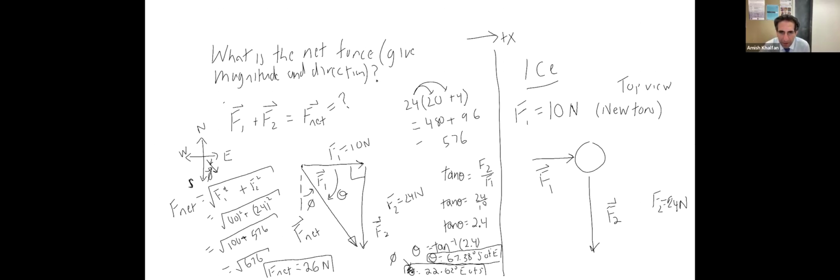All right, so that means that the same object can be viewed as having just a single force acting on it. You draw it over here, where that force is acting like this, okay? That would be called the net force. It has a direction, 67.3 degrees south of east, and the magnitude of it is just 26 newtons, okay? Now, forces dictate accelerations.